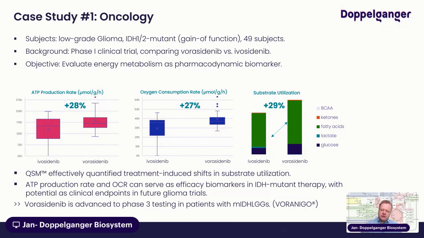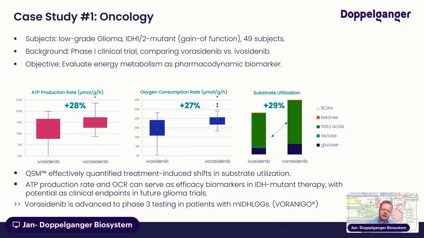On the left side, you see the ATP production rate, and you see that through the action of vorasidenib, here we don't have a negative control, right? We basically compare the efficacy of two compounds.